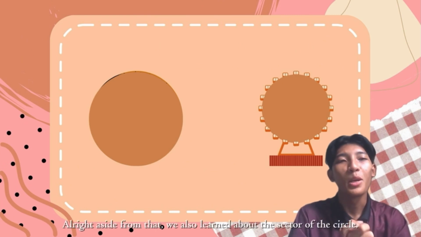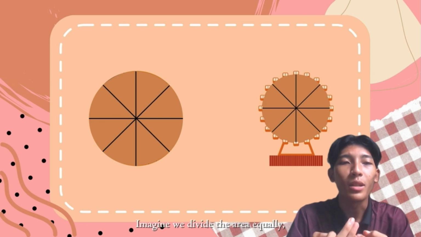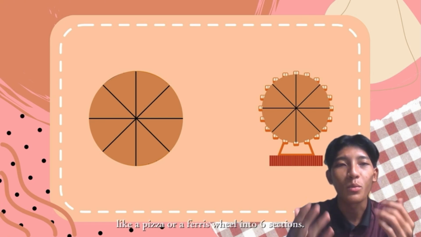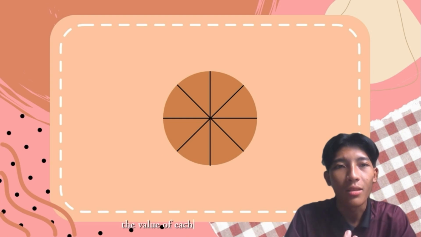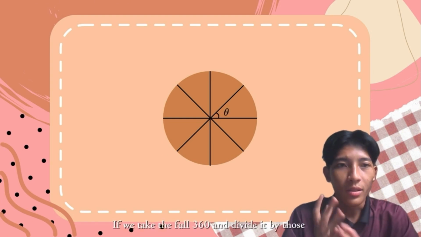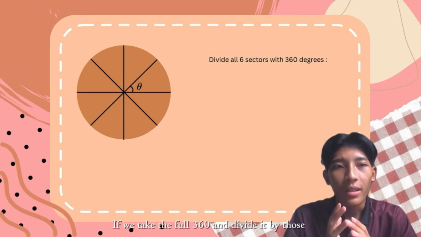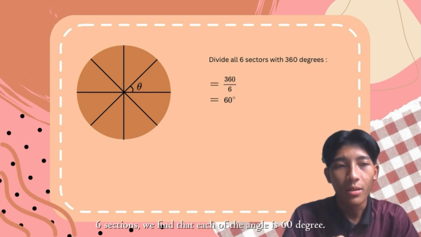Alright, aside from that, we also learned about the sector of a circle. Imagine we divided the area equally, like pizza or a Ferris wheel, into 6 sections. Out of those 6 sections, we can calculate the value of each individual sector's angle. If we take the full 360 and divide it by those 6 sections, we find that each angle is 60 degrees.